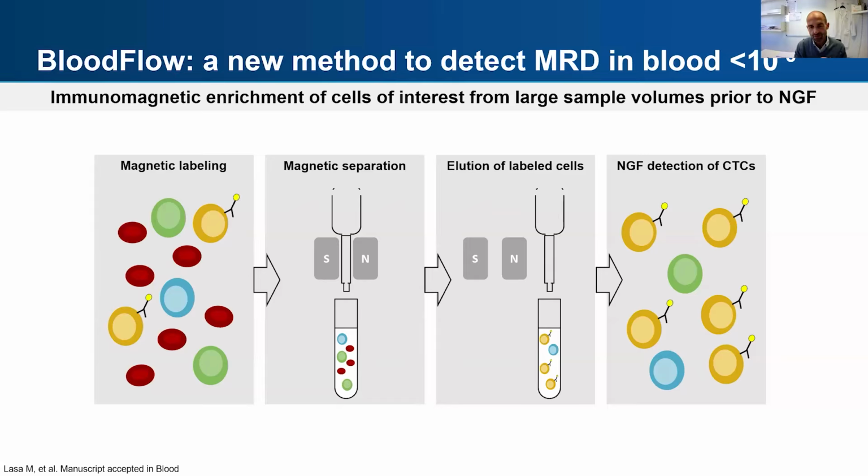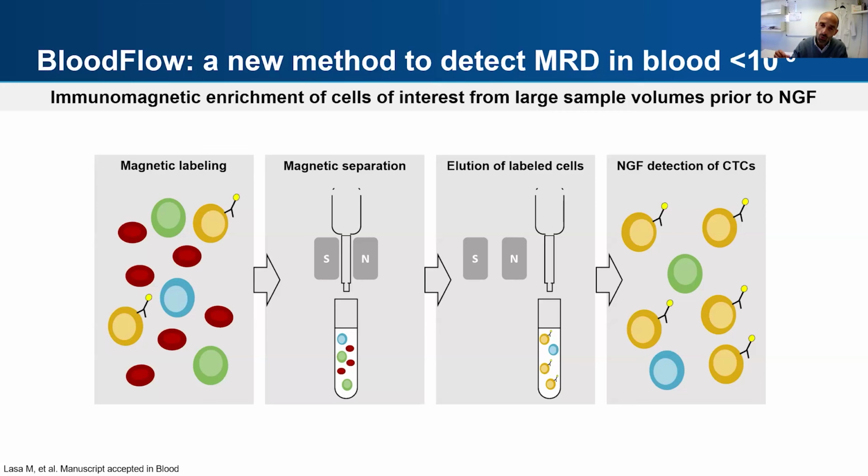The rationale was, if we want to increase the sensitivity of flow cytometry beyond the 10 to the minus 6 threshold, we need to analyze at least 200 million cells in the peripheral blood, which implies approximately a volume of 50 ml of blood. Now, if we want to measure this very large volume of blood with flow cytometry, we need something else. We need to perform an iteration of the method.